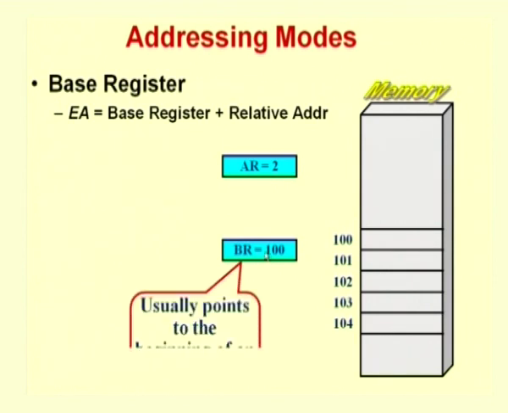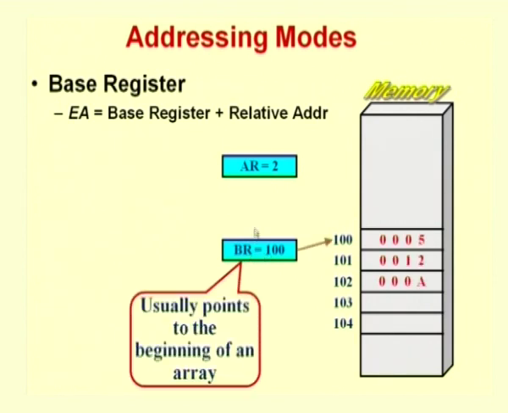The base register value and the relative address are added together, and that gives you the effective address. The value in that effective address is the data that is taken out. Normally this base register would point to the beginning of an array, so that if you keep varying the relative address, you will be able to access different elements in the array.